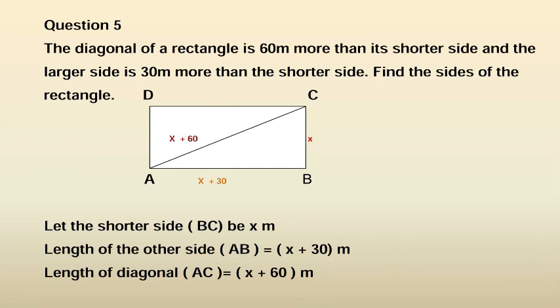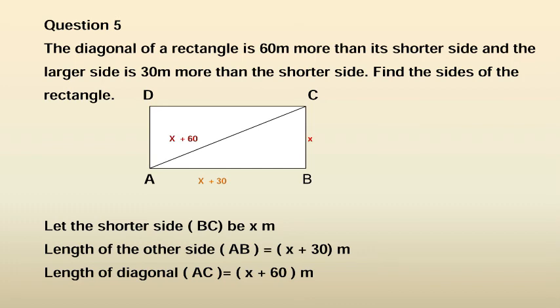Question number 5. The diagonal of a rectangle is 60 meter more than its shorter side, and the larger side is 30 meter more than the shorter side. Find the sides of the rectangle. So we have three sides.